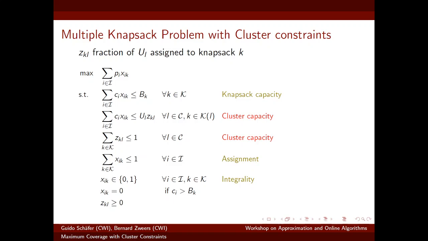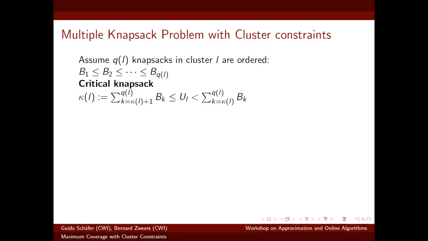The nice thing about that is that we can bring it down to two knapsack constraints. The crucial part here is that there is a critical knapsack, which is defined as the first knapsack, if you take the largest knapsacks first, that violates the cluster capacity.